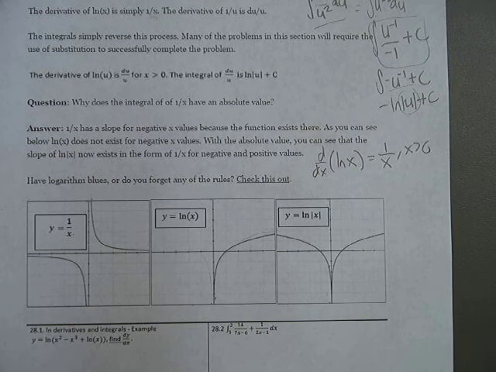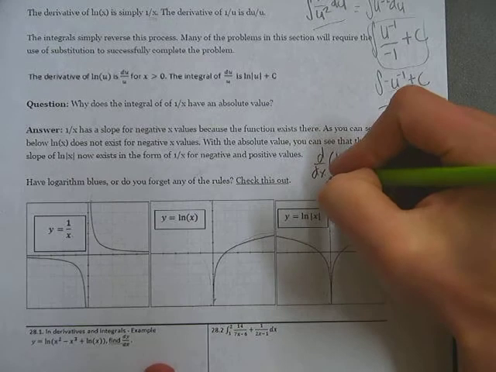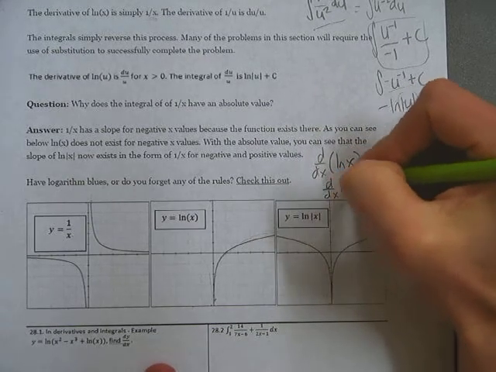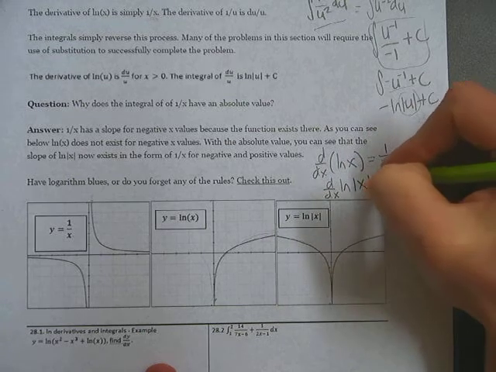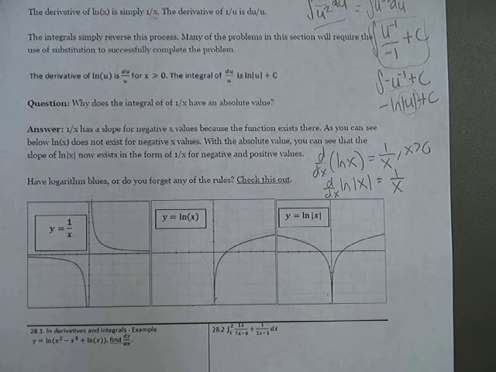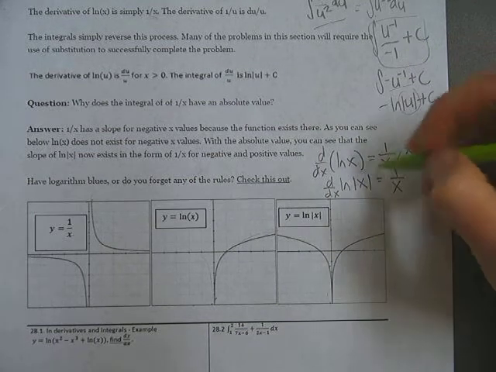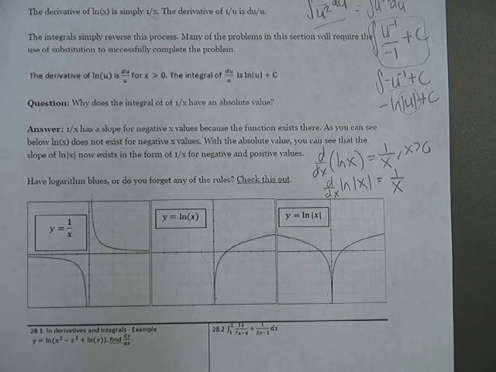So we can kind of just rule it out. Whereas if we take the derivative of natural log of absolute value of x, then we just get 1 over x unconstrained because neither of them exist at 0, and we now have negative values.